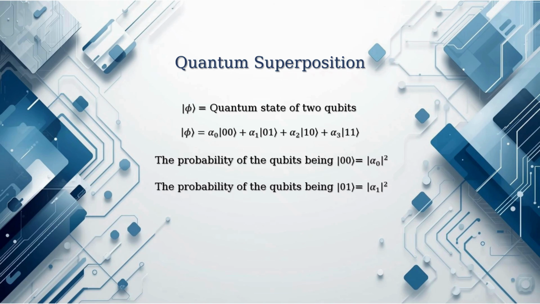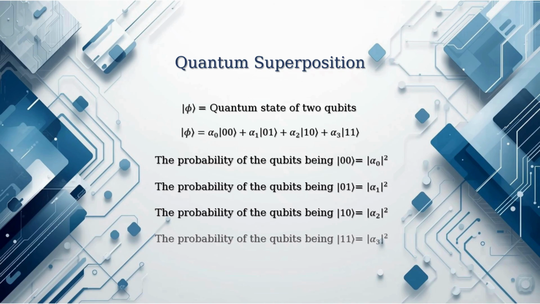The probability of the qubits being in state ket 01 is mod alpha 1 square. The probability of the qubits being in state ket 10 is mod alpha 2 square, and the probability of the qubits being in state ket 11 is mod alpha 3 square.